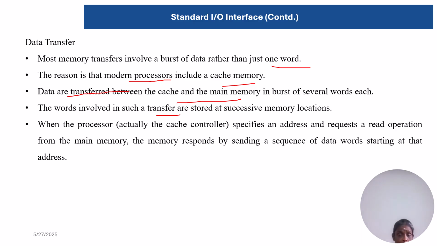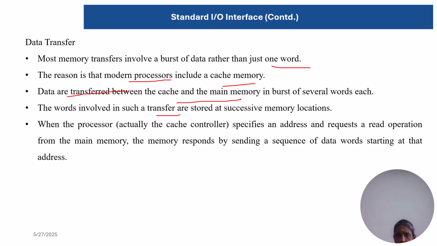So this is the point to be noted. If a block of data is transferred, the starting address is necessary, because the transfer is initiated by the processor, which will give the starting address of the block. Once it is initiated, the processor will go out to perform other operations. From the starting address, consecutive addresses will be used one by one.